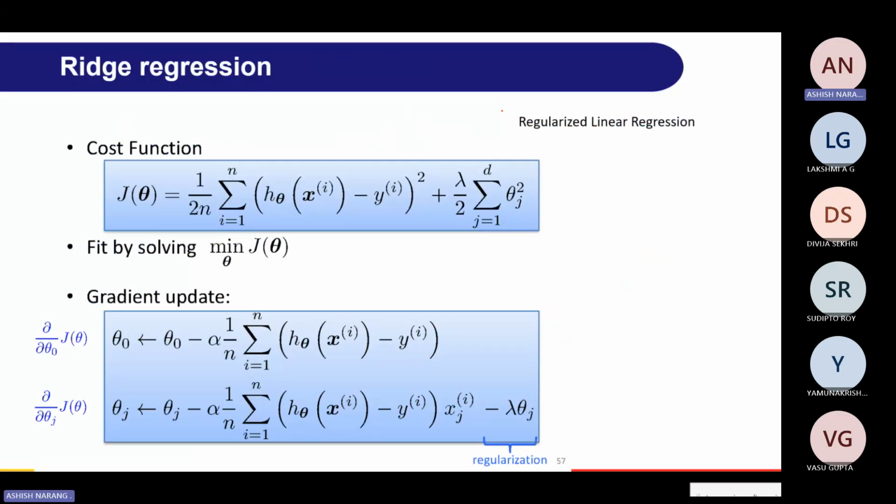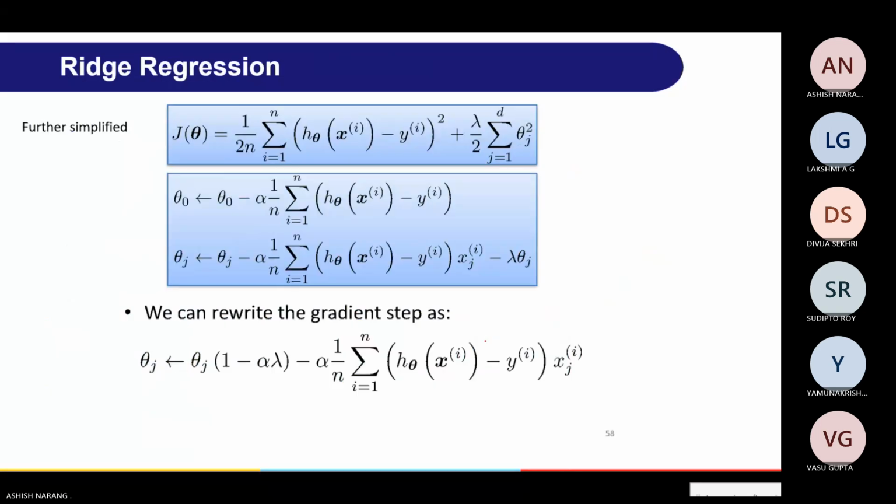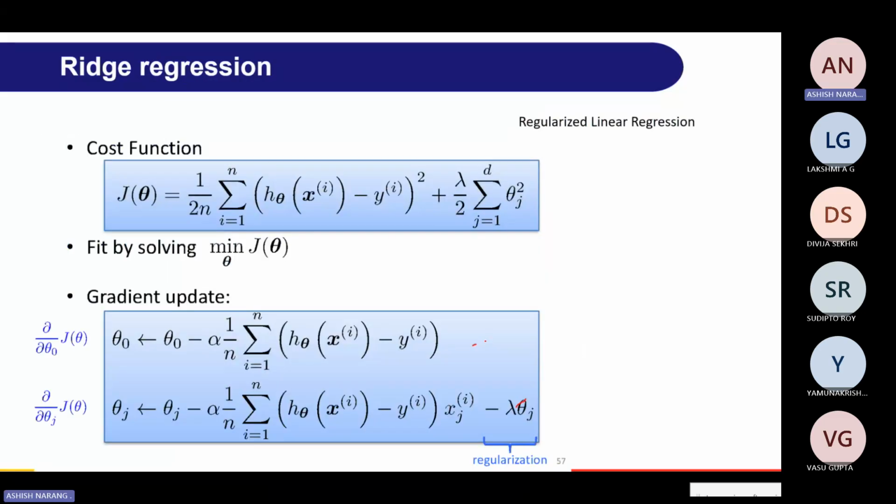And if you want to update the weights with ridge regression, you will update it like this. So this is one more parameter added, right? You can solve this step by step, it's just simple mathematics.